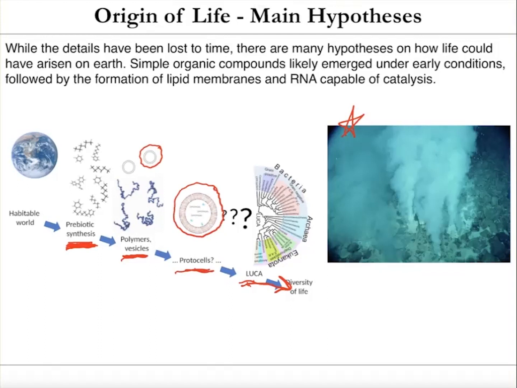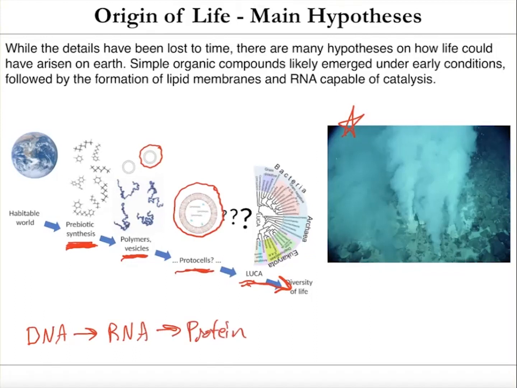Now, there's a few different things that are quite interesting about this. We talked a little bit in the first lecture about the central dogma. So DNA goes to RNA and then goes to proteins.